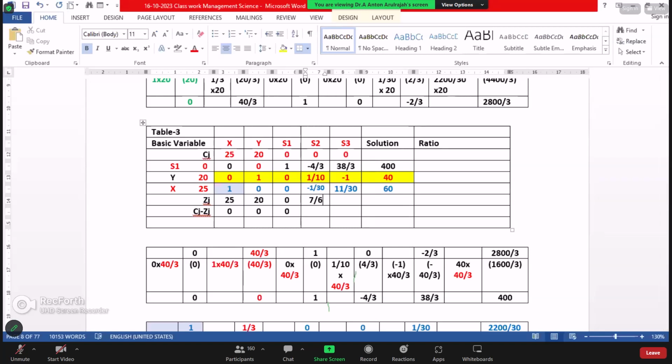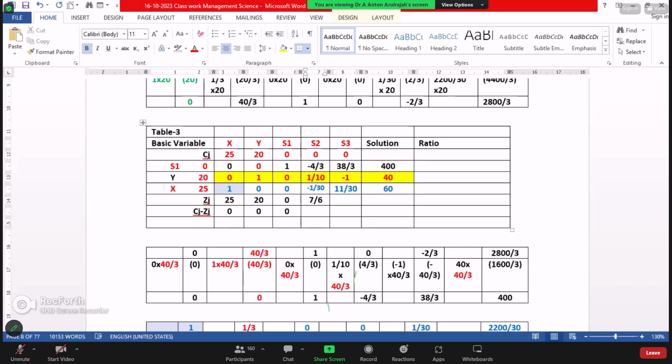Right, you also check because 20 has to multiply by 20 into 1 by 10. That is 2 by 10.